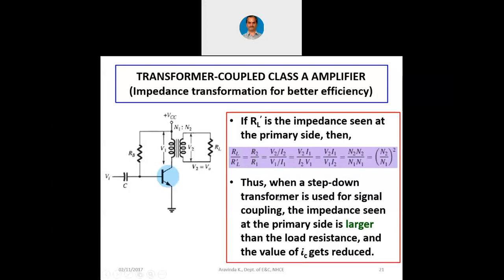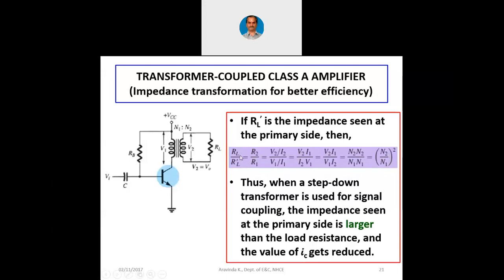When we use a step down transformer here for signal coupling, the impedance seen at the primary side is larger than the load resistance, and it is proportional to the square of the ratio of the turns. If RL dash has to be larger than RL, then N2 has to be smaller than N1.